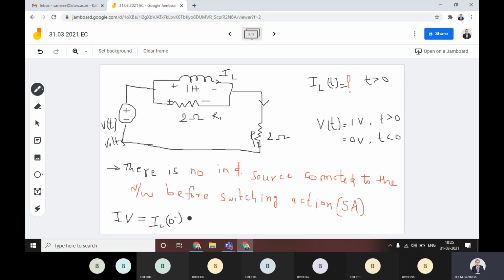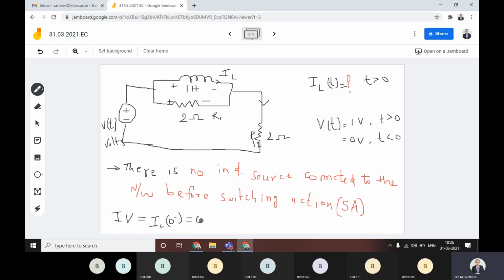If the switch is not connected to the source, how much current is flowing?